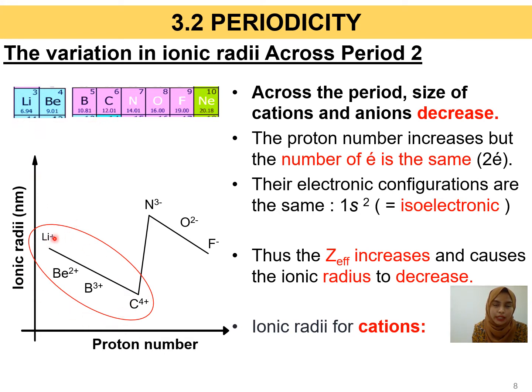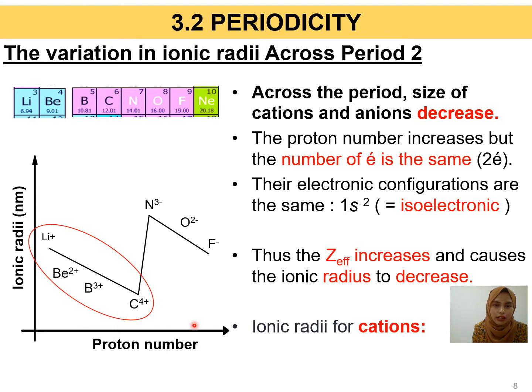If you look at the trend of the positive charge from lithium to carbon, lithium will lose 1 electron, carbon will lose 4 electrons. Obviously, as the positive charge increases, the size becomes smaller.